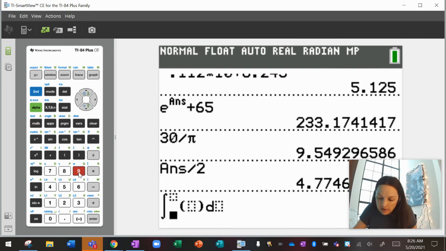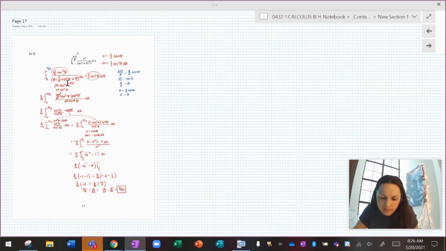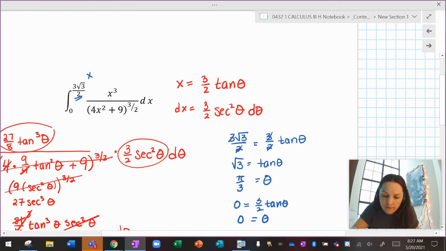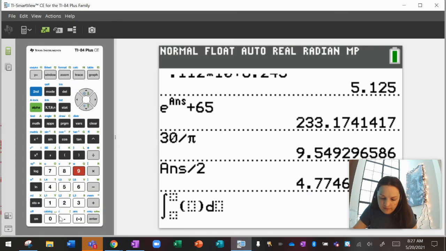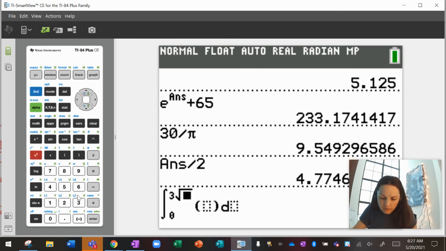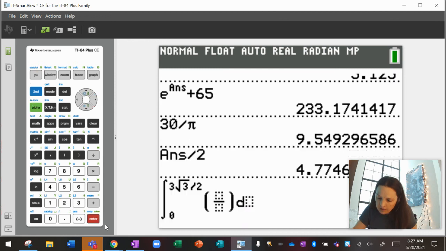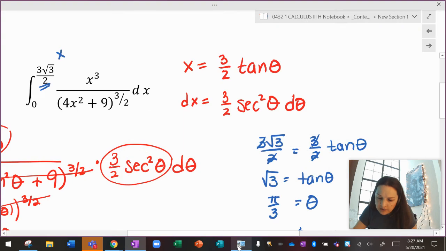So math 9. All right, what was my original? Let's see, 0 to 3 root 3 over 2. Okay. And now I've got a fraction.